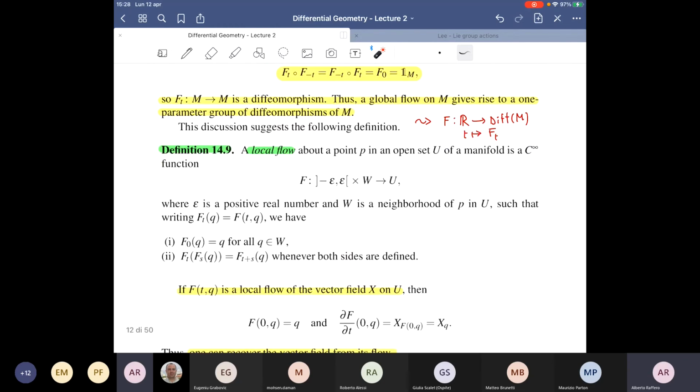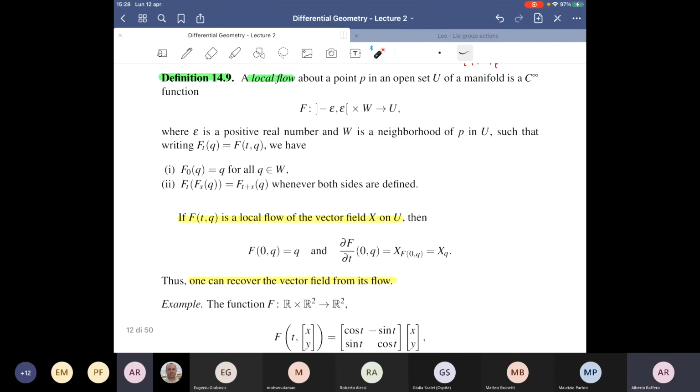And what you require is that at time equal to 0, this function will be, let's say, locally the identity. So it will send the point to itself for every point in your open subset. And you require that it will be a group homomorphism whenever both sides of this identity are defined. So this is what you can say starting from the problem of vector fields and integral curves of vector fields.